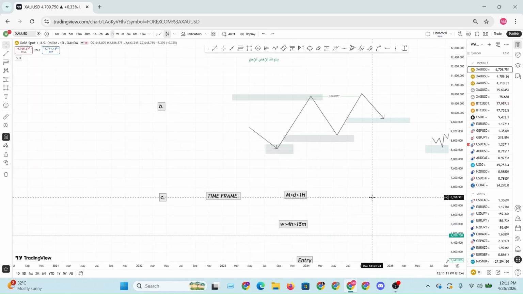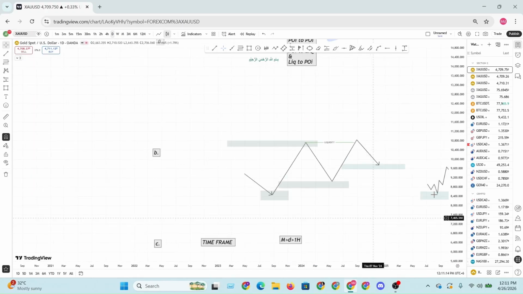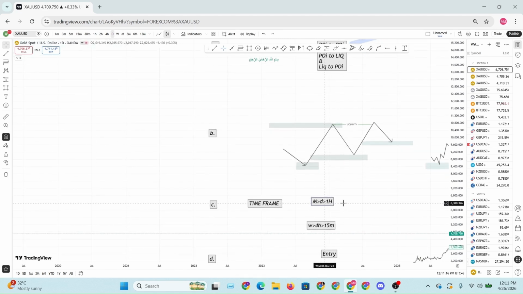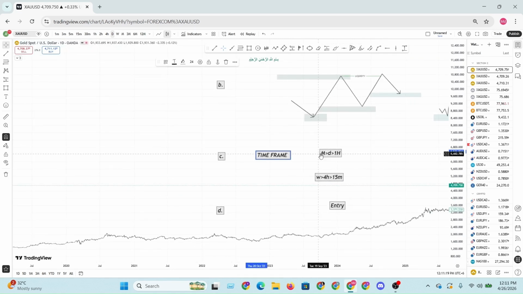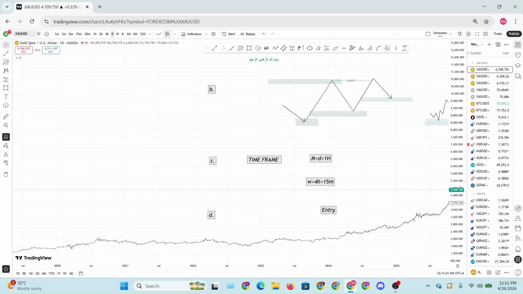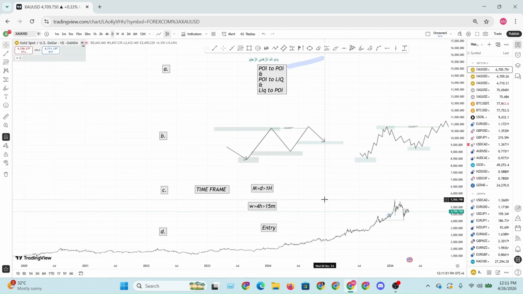So today's important thing is we will see the bias in time frames. I divide these into two sets. One is when we see monthly, daily, and H4, H1, and when we see weekly, then weekly, H4, 15. Here we will use monthly, daily, and H1. So note down these things. This is important.